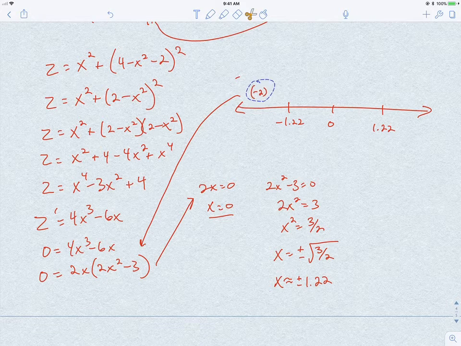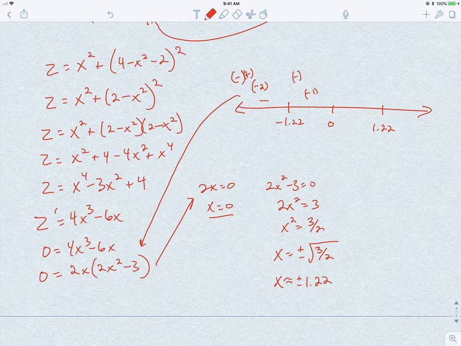I get a negative 4 times a positive number. So that's going to be a negative. Here I'm going to choose negative 1 to plug in to the derivative, that same spot. I get a negative 2 times a negative number there, so a negative times a negative is a positive. I plug in 1. I get a positive times a negative.